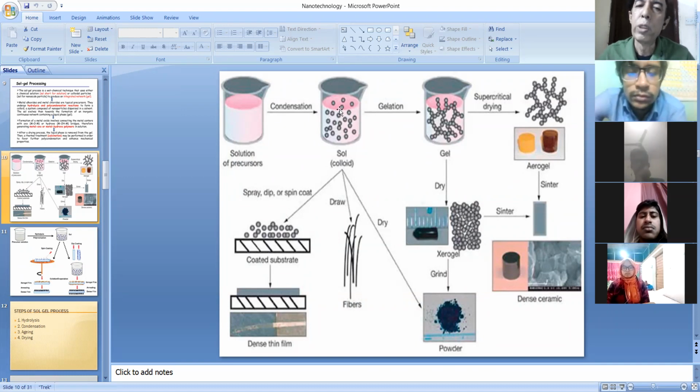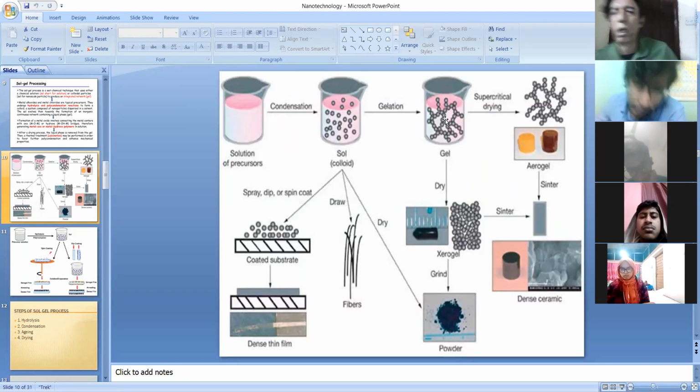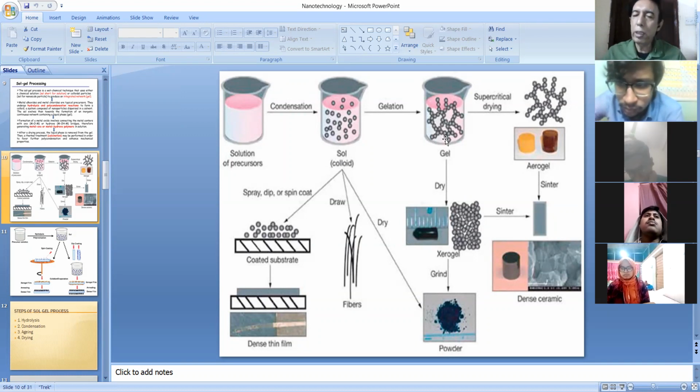You allow this salt to stand for some time, then it will make a gel. What is a gel? A three-dimensional network of salt.